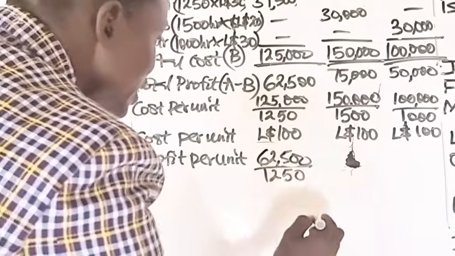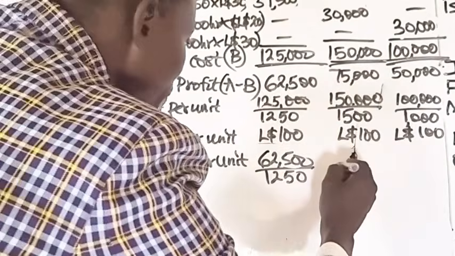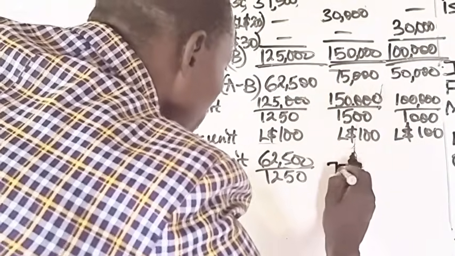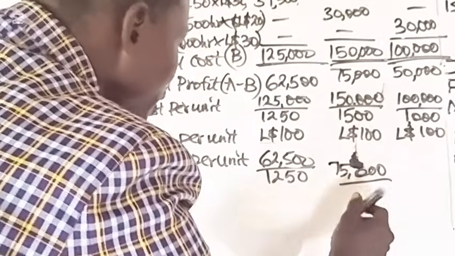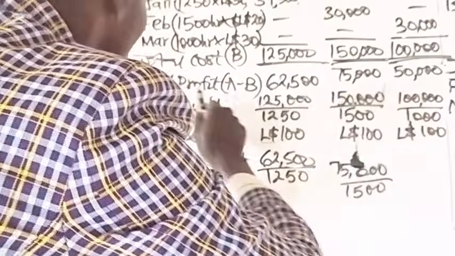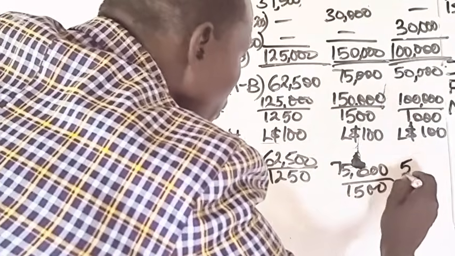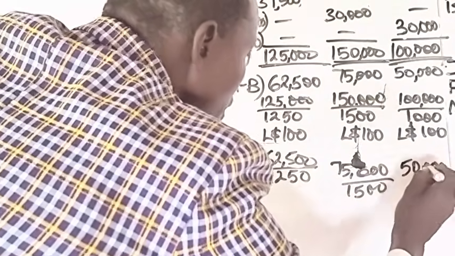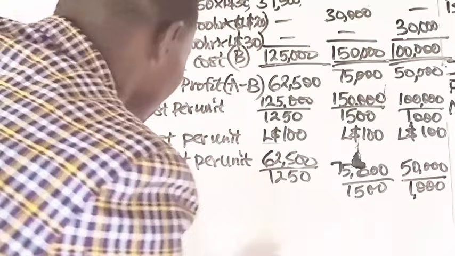In the month of February, the total profit is 75,000 divided by 1,500. And in the month of March, the total profit is 50,000 divided by the batch output, 1,000.